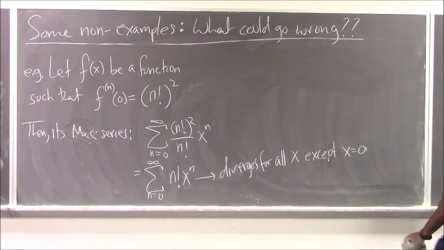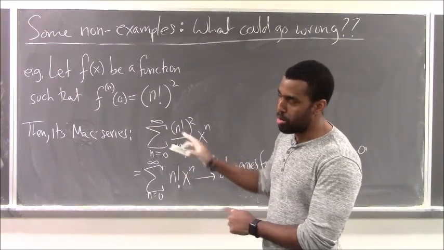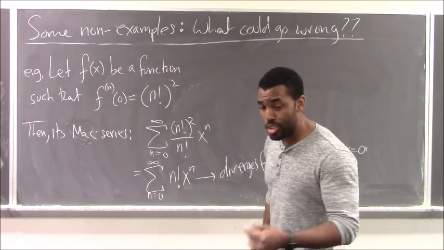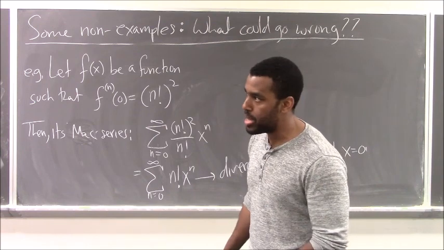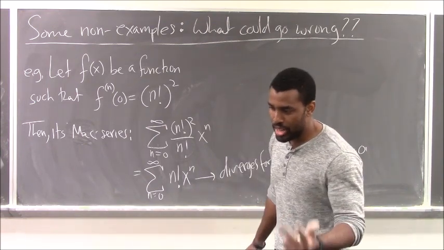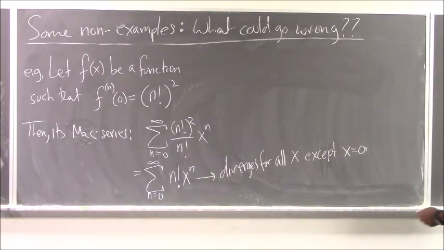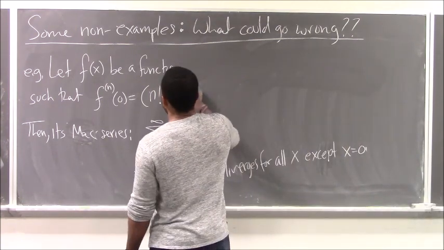Here's another nice, sophisticated example. Something that does not suffer from either of the problems that I just mentioned. It's going to be infinitely differentiable, and the derivatives are not going to be too big, but at the same time, we can find a Taylor series for it, but it turns out that the Taylor series will not converge to the function. Here's an example.